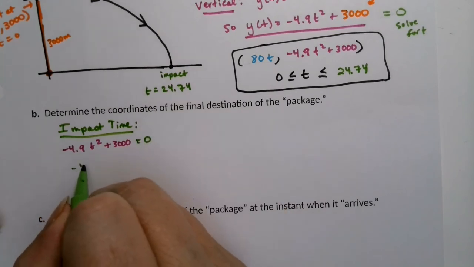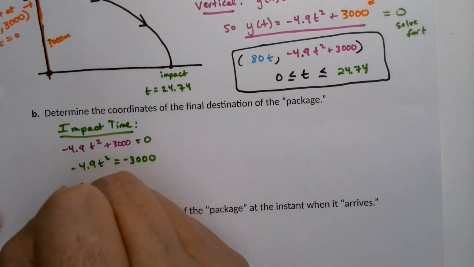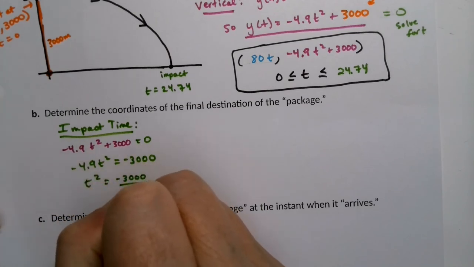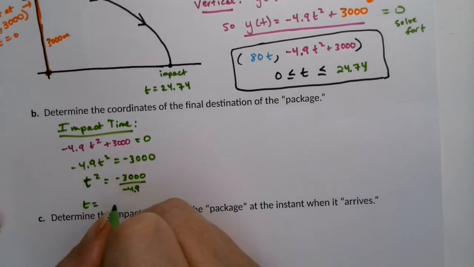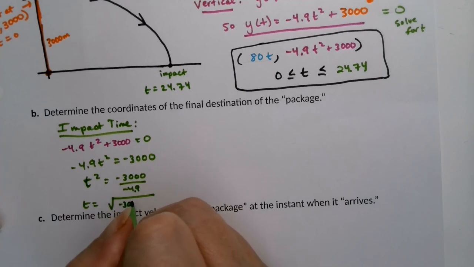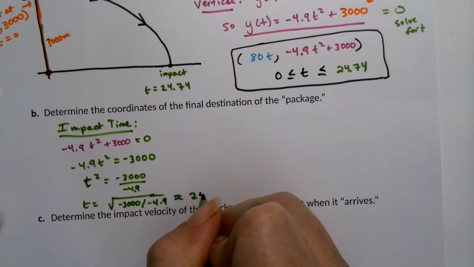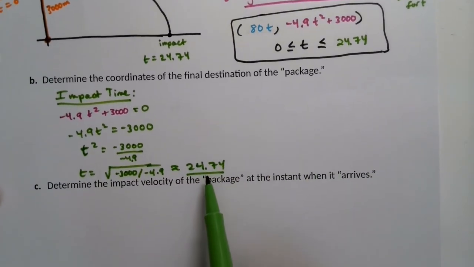So that would mean negative 4.9 t squared equals negative 3,000. In case you weren't following, t squared is negative 3,000 over negative 4.9. So when I take the square root of both sides, we get 24.74. Now, that's not the answer, right? That's just the time.